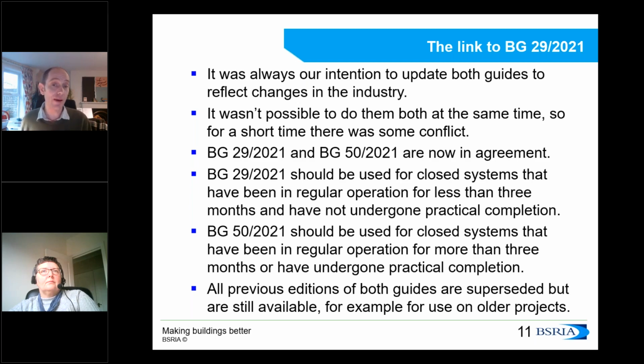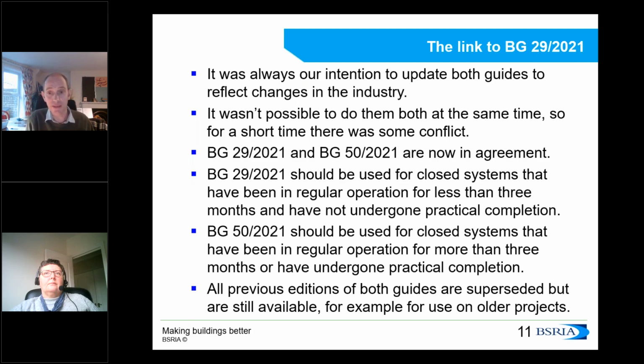There were quite a few members who were in common between the BG29 steering group and the BG50 steering group. So as it happens, there was a lag. There was a short period of time when BG29 had been updated, but BG50 hadn't. Now we've got the 2021 editions of both, they should be fully in agreement with each other.